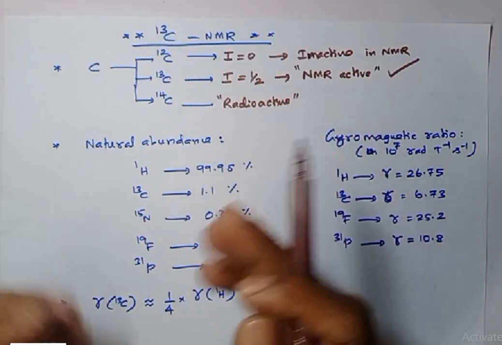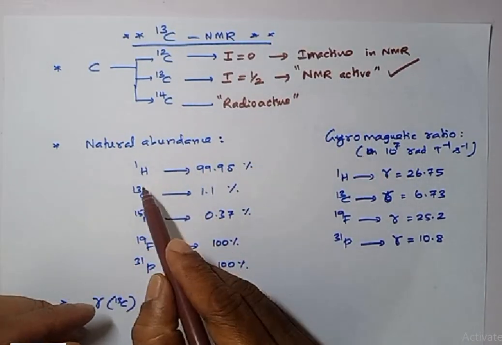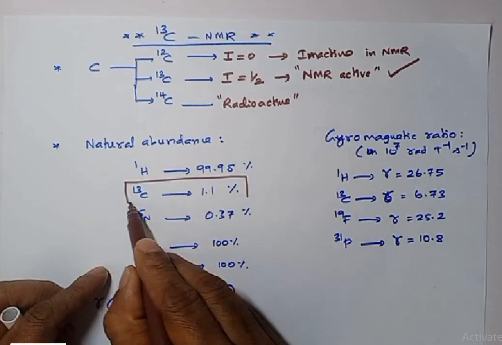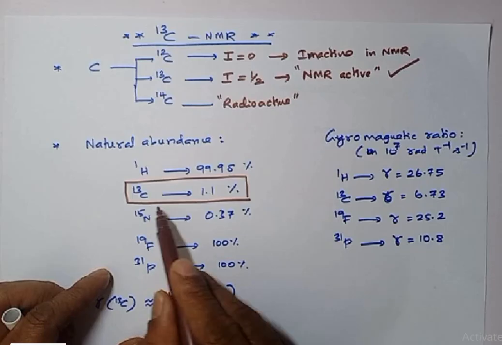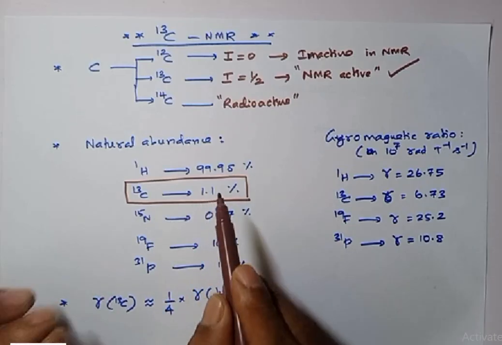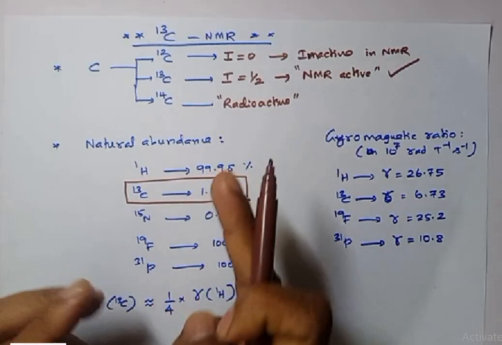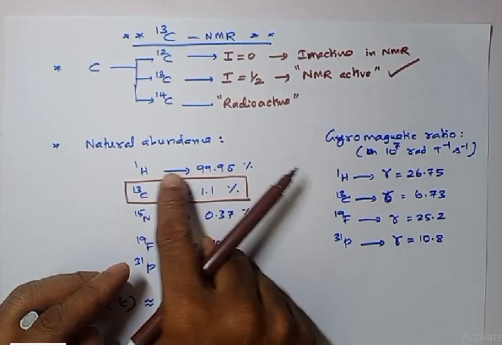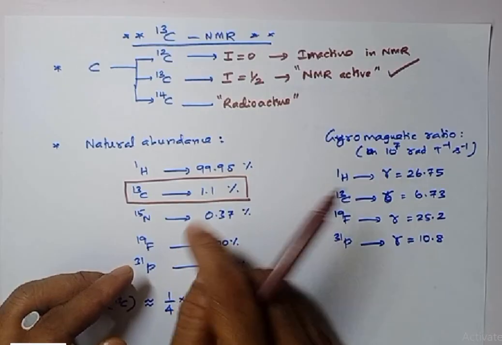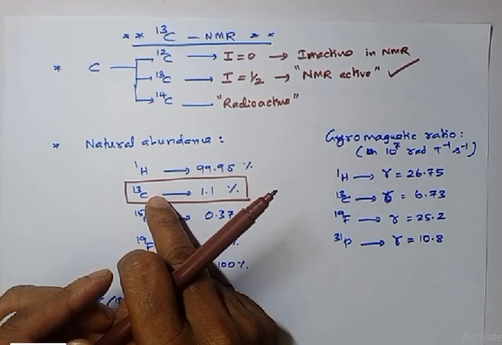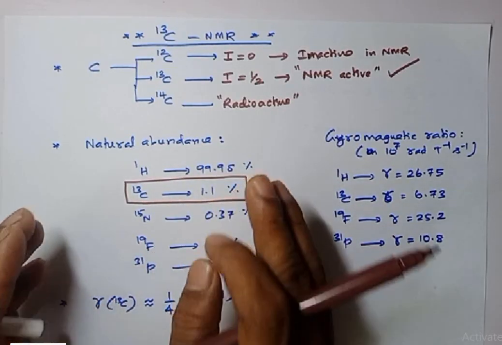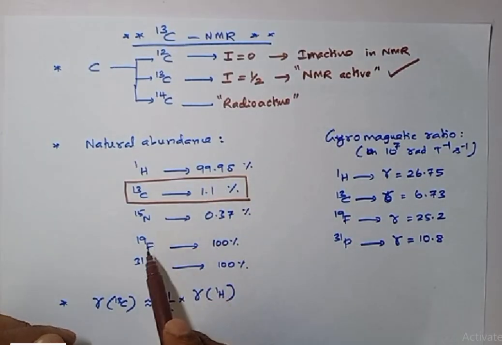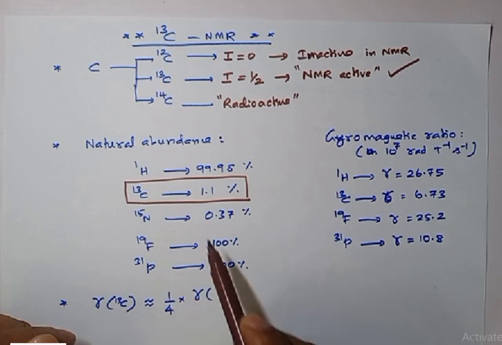What about C13? Listen, this is our focus now. For the C13 nucleus, the natural abundance is just 1.1%, roughly 1%, whereas proton is 99.98%, almost 100.